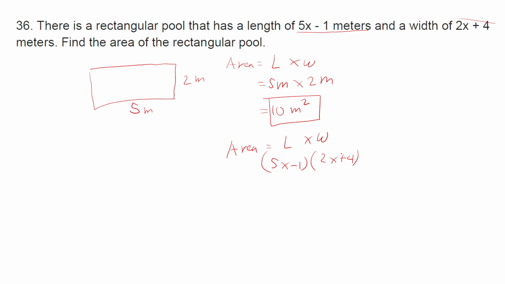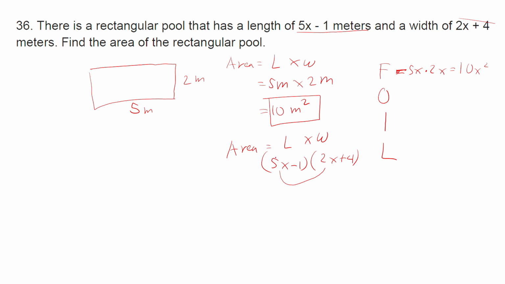Actually, we can use the FOIL method. So how do we use that again? What's 5x times 2x? That's going to be 10x squared. That's for the first term.